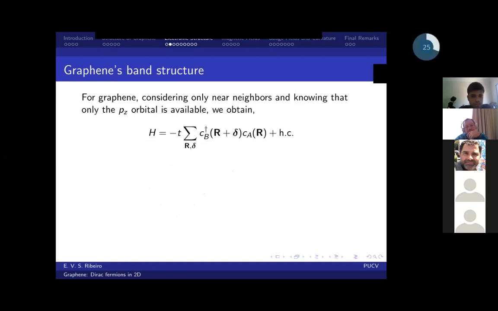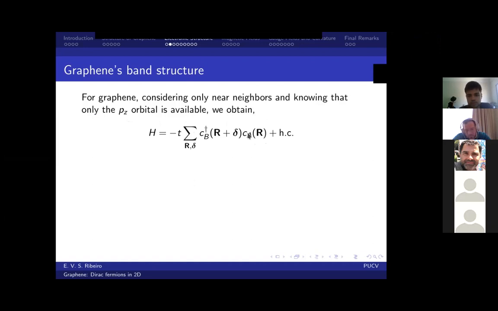So in the case of graphene, we will consider here only the nearest neighbors, the first neighbors, as possible for this hopping. And we also have only one orbital, which is the PZ orbital. The other orbitals are not relevant for the electronic properties. So in the end, our Hamiltonian will have this form.